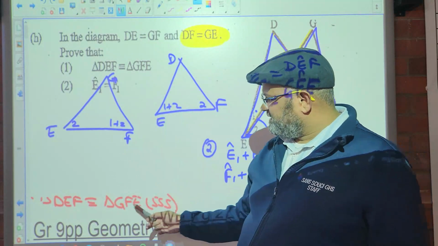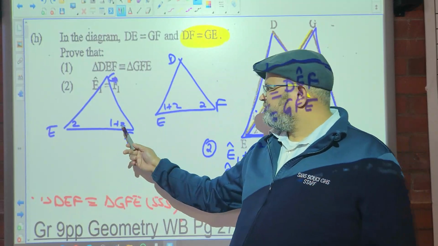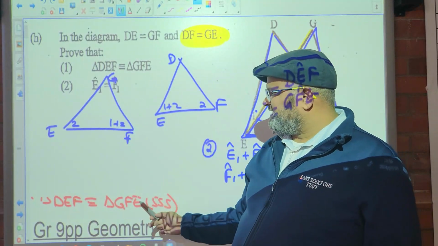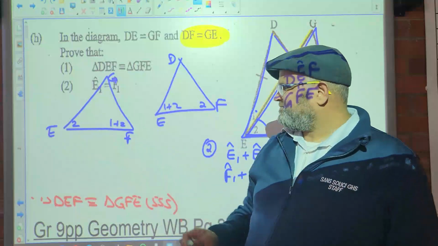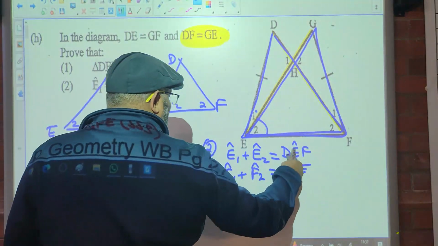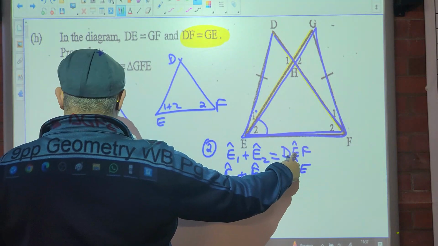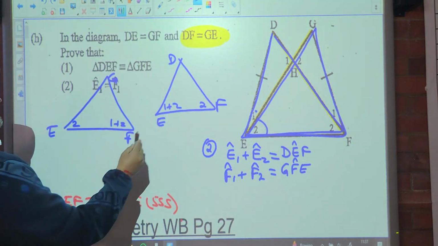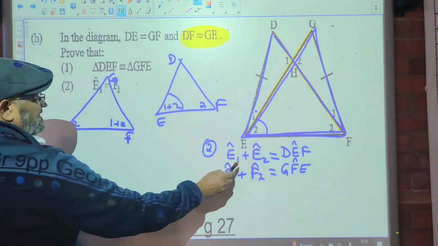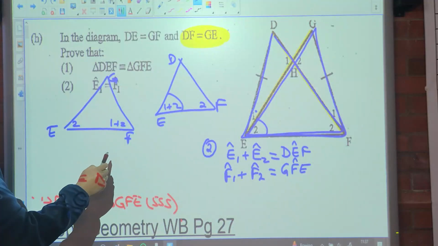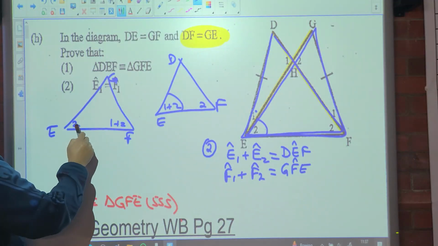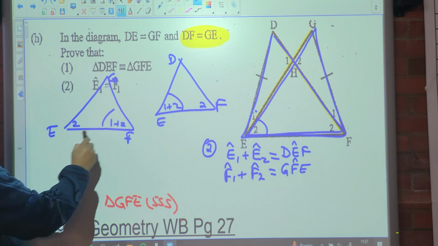And we also said that angle F is equal to angle E. Okay, that's what we said. Now, we know that these two angles are equal, which is DEF. DEF is this angle, is equal to GFE, which is this angle.